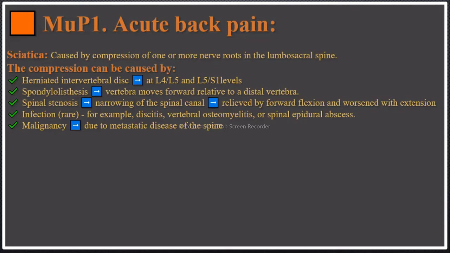But for example, the patient has a history of lung cancer 20 years ago or 10 years ago, and now he has symptoms of numbness, tingling in the legs, and he has back pain. So this one is primary or metastasis? Metastasis. Okay, so this is how to select the scenario.